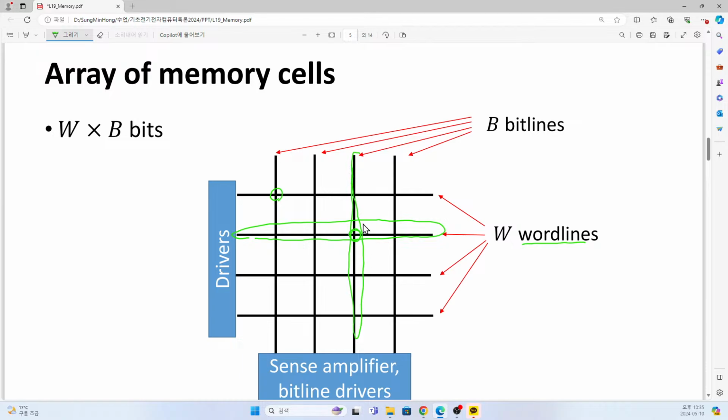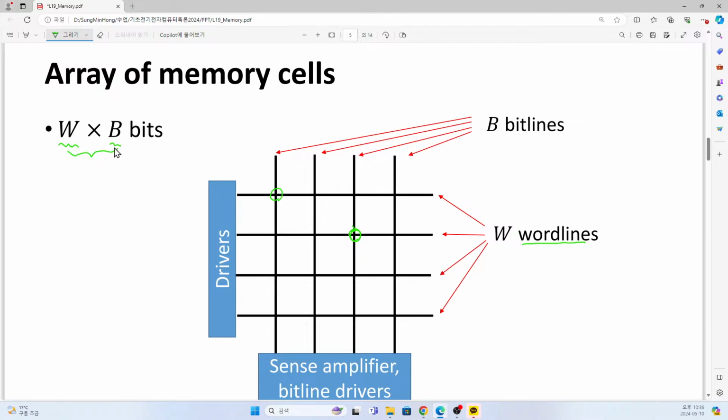Then this combination of word line number and bit line number uniquely selects one bit cell. So therefore, if we have, for example, W word lines and B bit lines, then the total amount of bits we can store in this array will be just the product between them.